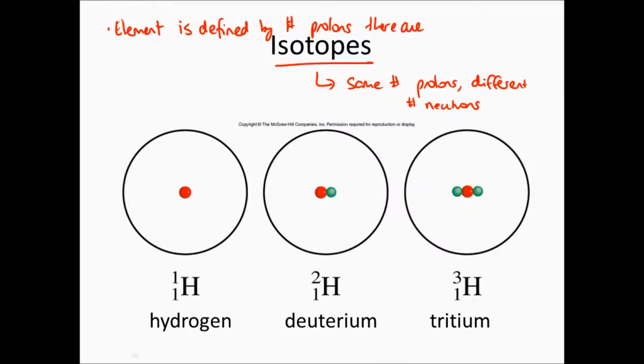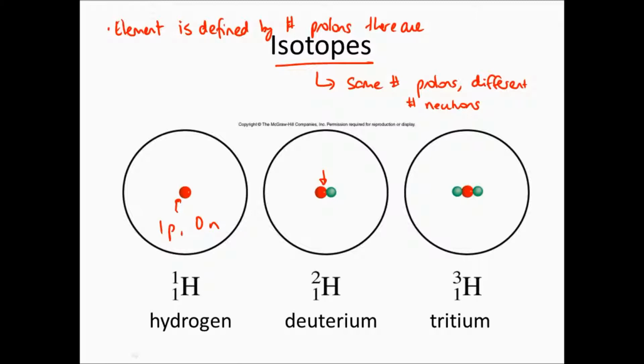Okay, so let's take a look at hydrogen. So hydrogen normally is hydrogen 1, so we have 1 proton only, and that is what we normally see. We also can have, if we add a neutron to it, it's still hydrogen, but now we give it a special name called deuterium.